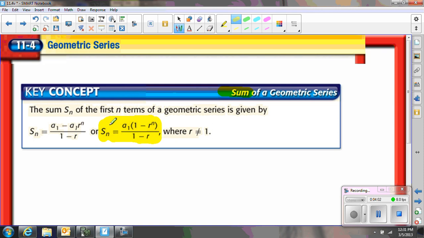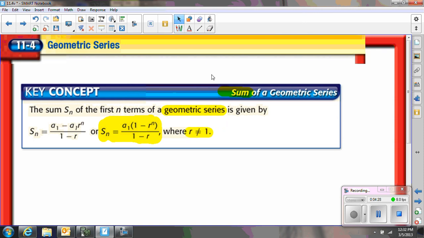The sum of the first n terms is equal to a sub 1, the first term, times the quantity 1 minus r to the n, where r is your common ratio and n is the number of terms you're adding, divided by 1 minus r, where again r is your common ratio.